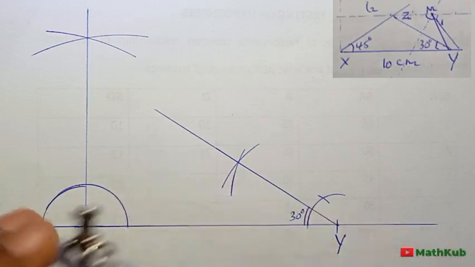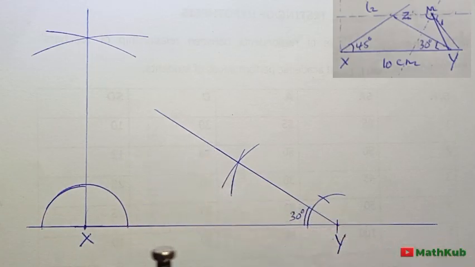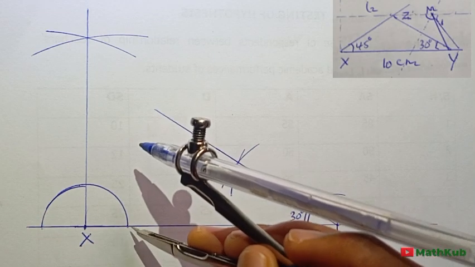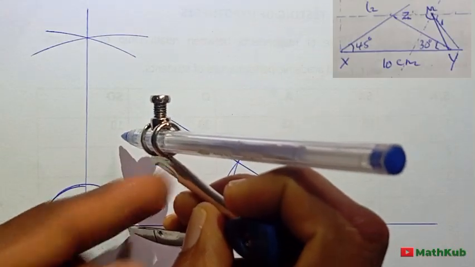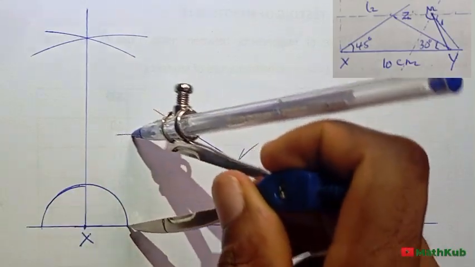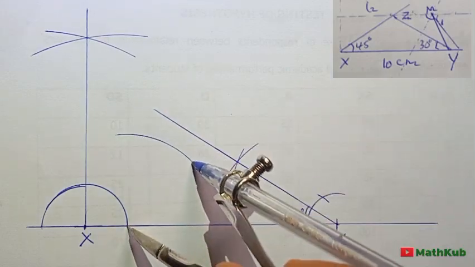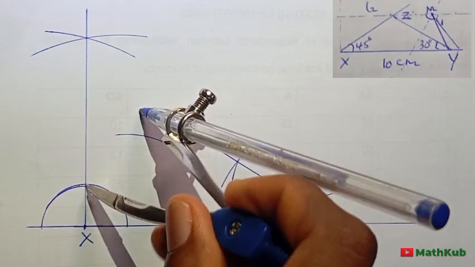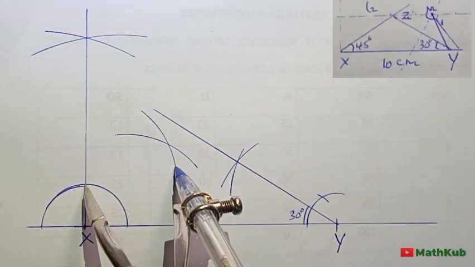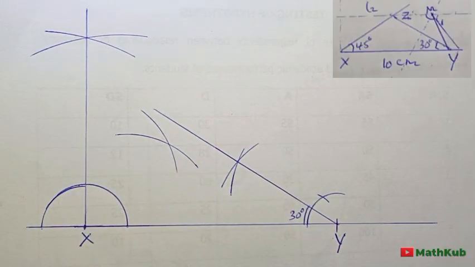So now we want to bisect this 90 degrees for us to have what? 45 degrees. So we have to bisect 90 degrees. With this as center, you draw here, and with this other point as center, you cut that first arc.